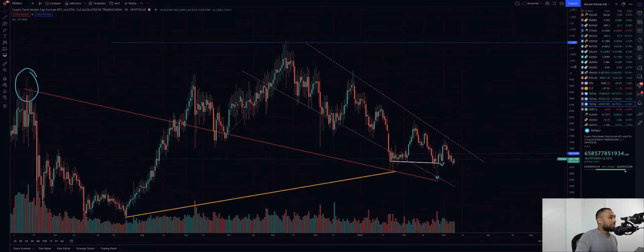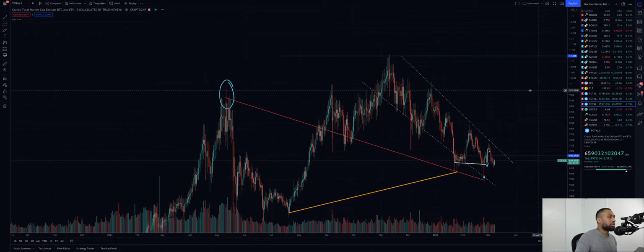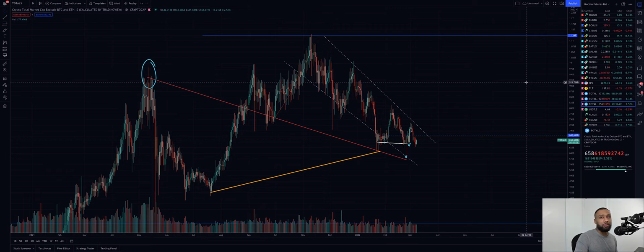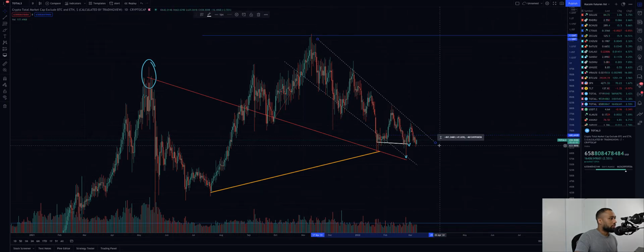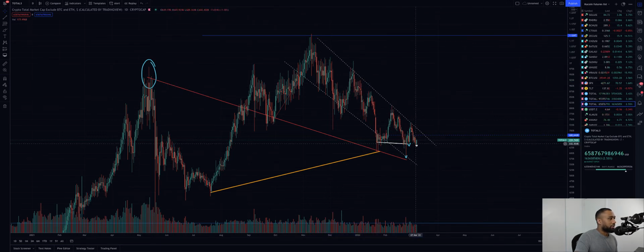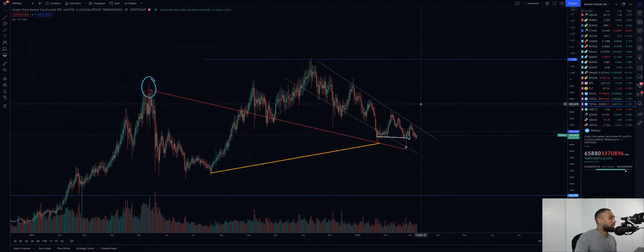So if we look at the Total 3, so all the altcoins excluding Ethereum, we're still in this bull flag. Whether you want to do wicks or no wicks, we're still in this bull flag. If we can break above this and head to higher highs, that'd be great.